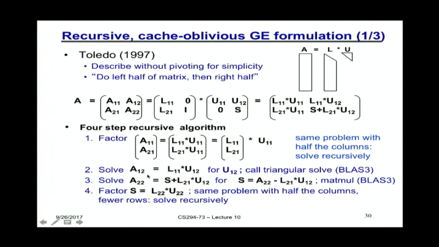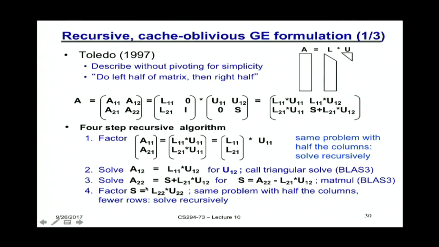And then you solve A12 in order to get U12. Here we need to get U12, so you need to solve A12 equals this. It's a lower triangular solve to get U12. So you call the triangular solve, which is BLAS3, because everything is blocked here, so it's BLAS3.